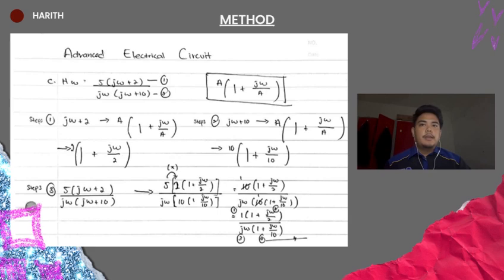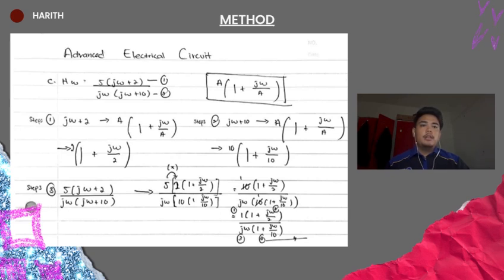So next, for step 3, we need to substitute all into the transfer function, where the original function given is 5 times (jω plus 2) over jω times (jω plus 10), and it will become 10 times (1 plus jω over 2) over jω times 10 times (1 plus jω over 10).